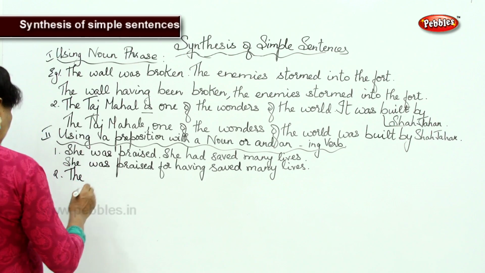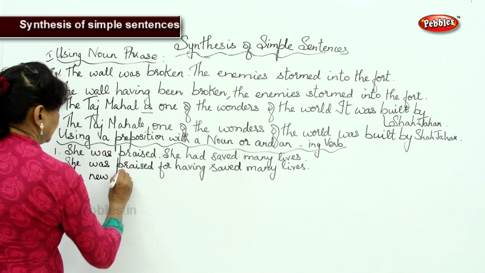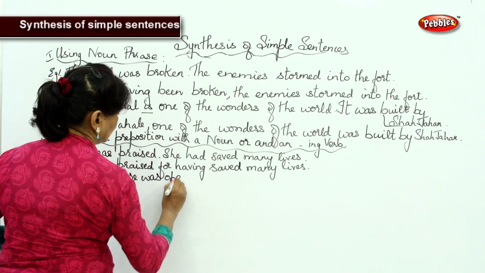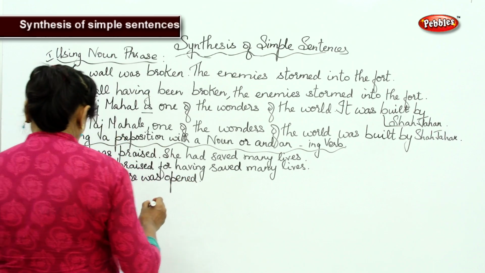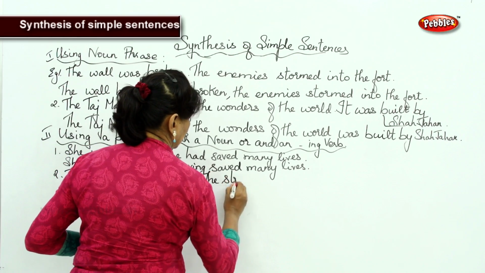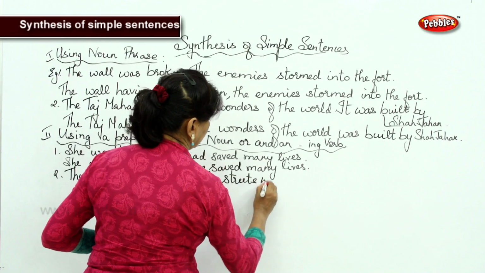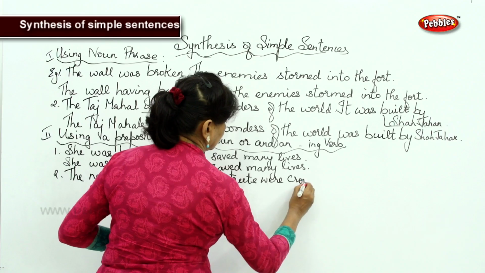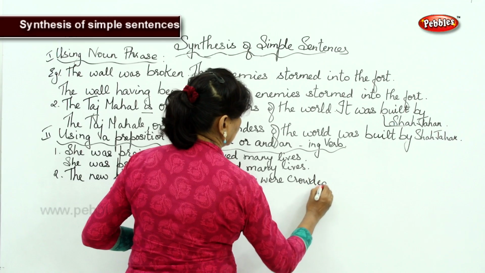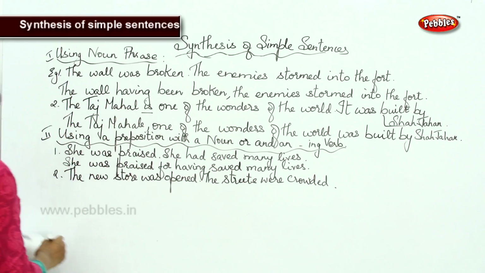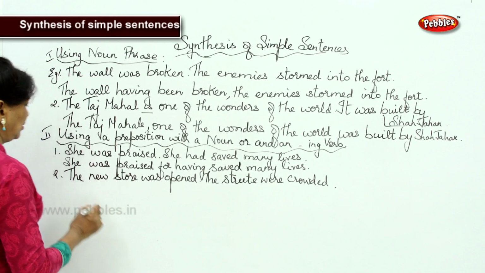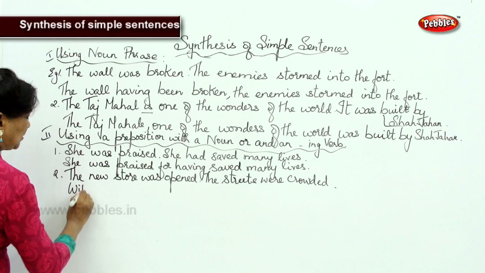The new store was opened, the streets became crowded. Or the streets were crowded. Okay. Now the new store was open, the streets were crowded. With is a preposition.